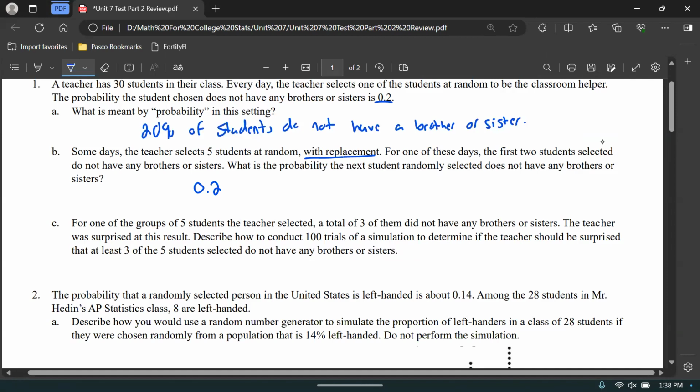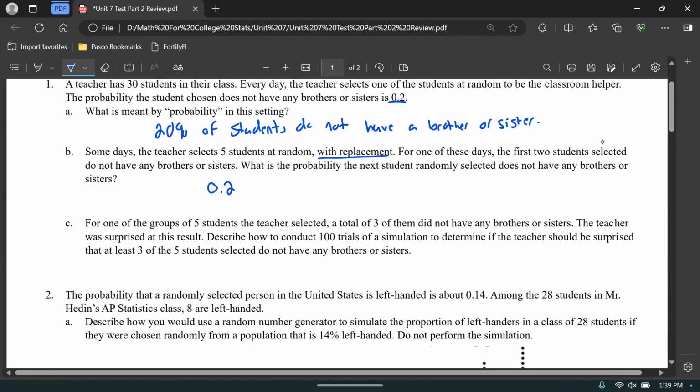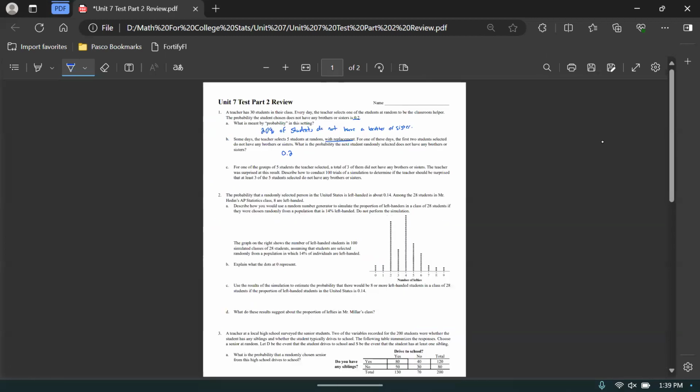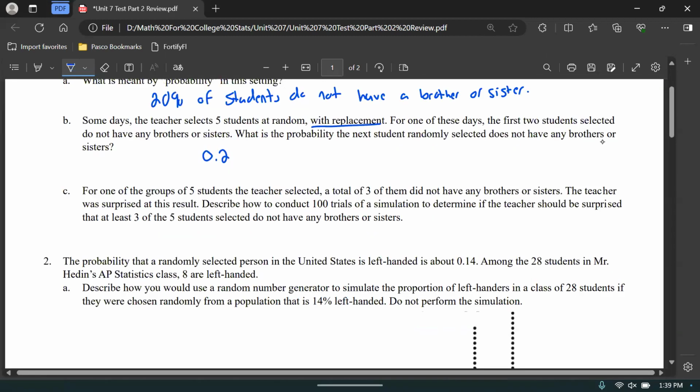I could also use, and it's kind of a coincidence in this case, the numbers 1 through 5. 1 would come up 20% of the time, and then 2, 3, 4, 5 would come up 80% of the time. So it's not really the numbers that matter, it's the probability you're using. I'll just list a couple options here. You could use 1 through 5, with 1 being no sibling, and 2 through 5 being yes sibling.